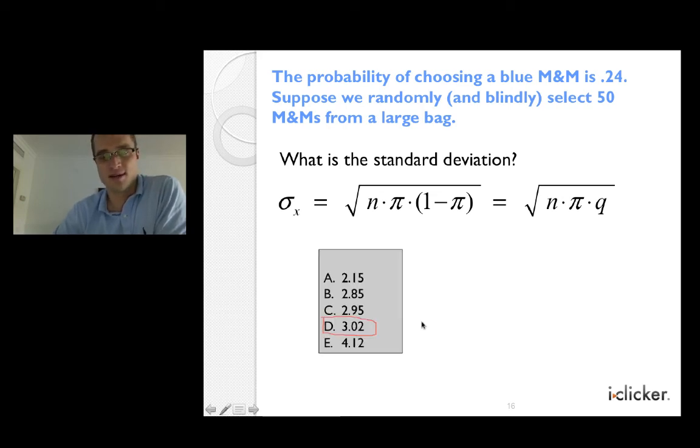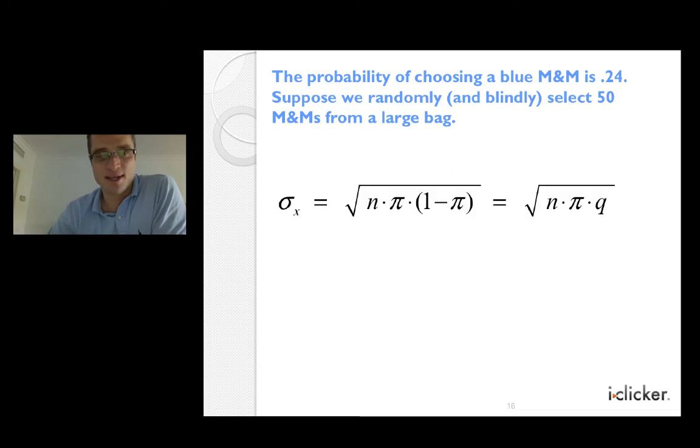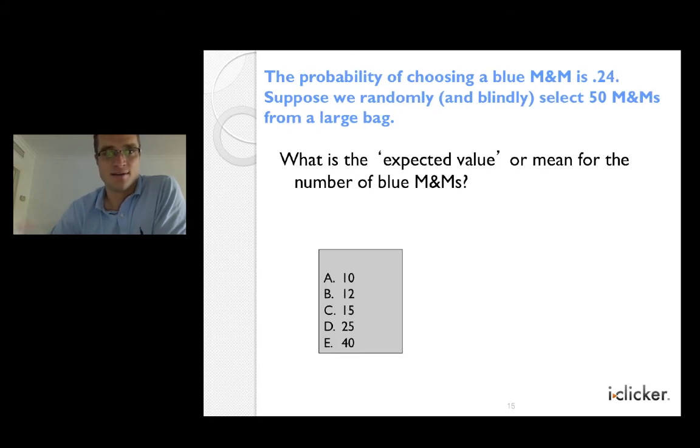Final question here. The probability of choosing a blue M&M is 0.24 again, 50 trials. What's the probability of choosing less than 7 blue M&Ms? Well, because we expect 12 M&Ms back here, we satisfy those conditions of 10, right?